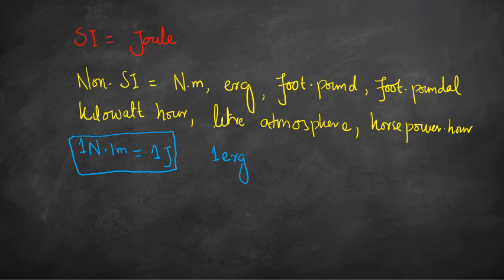One erg is equal to 10 raised to power minus 7 joule of work. CGS system is an abbreviation of centimeter gram second system, and in the centimeter gram second system, one erg is equal to 10 raised to power minus 7 joule of work.